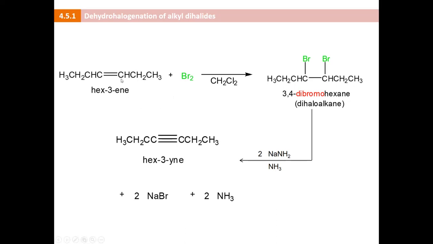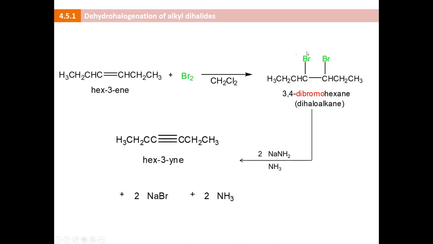The starting material here is alkene, and it undergoes addition of X2, or we call it addition of halogen group, in the presence of dichloromethane that acts as a solvent, and Br will add to the carbon-carbon double bond to produce alkyl halide.